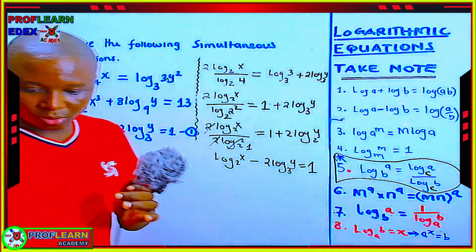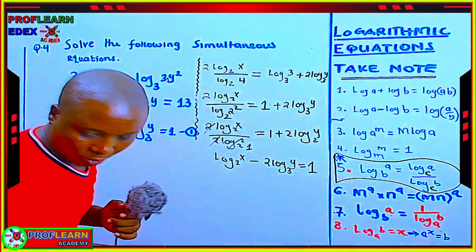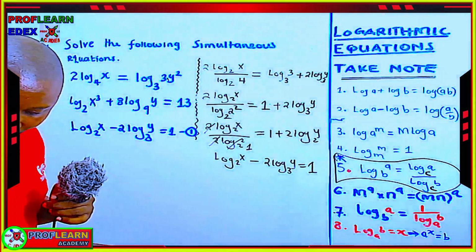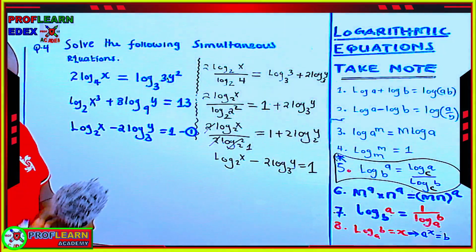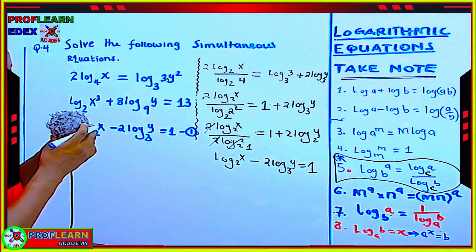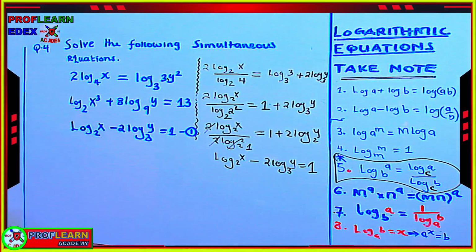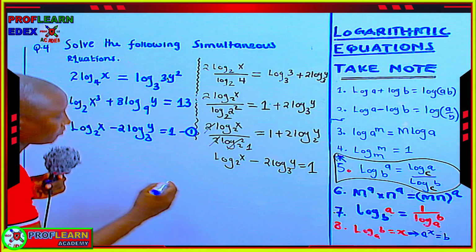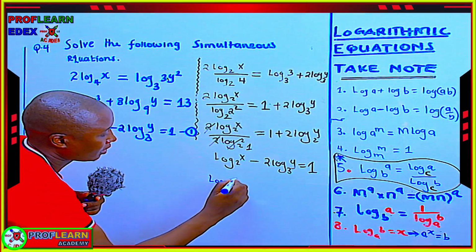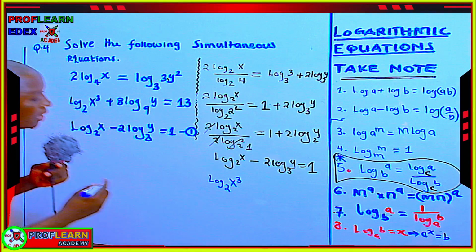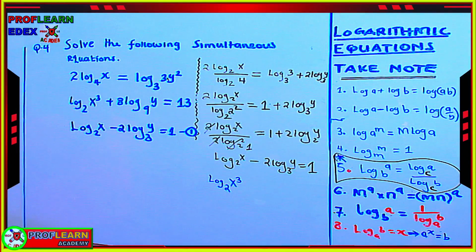Then we need to do the same. We have to try as much as possible to express this to the base of 2 and the base of 3. So the first term is log x power 3 base 2. This term is doing well.